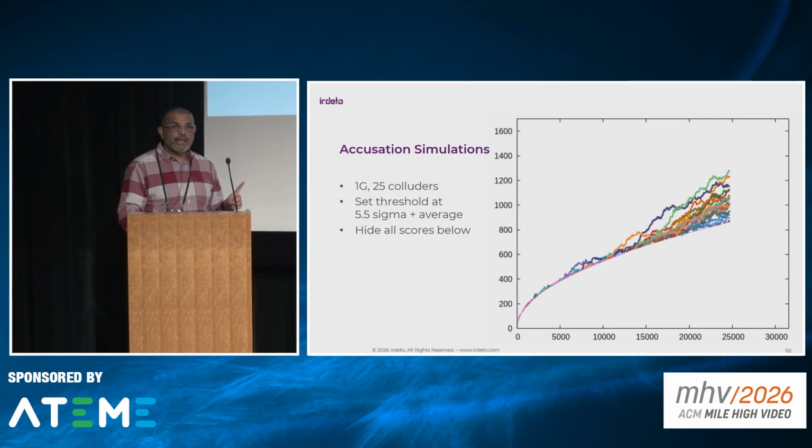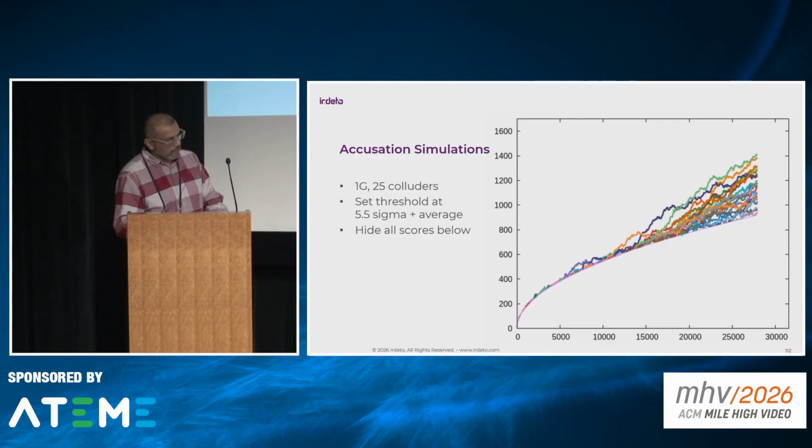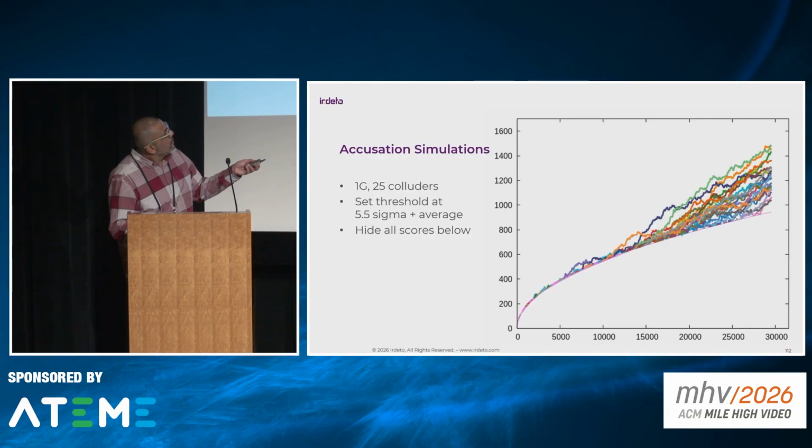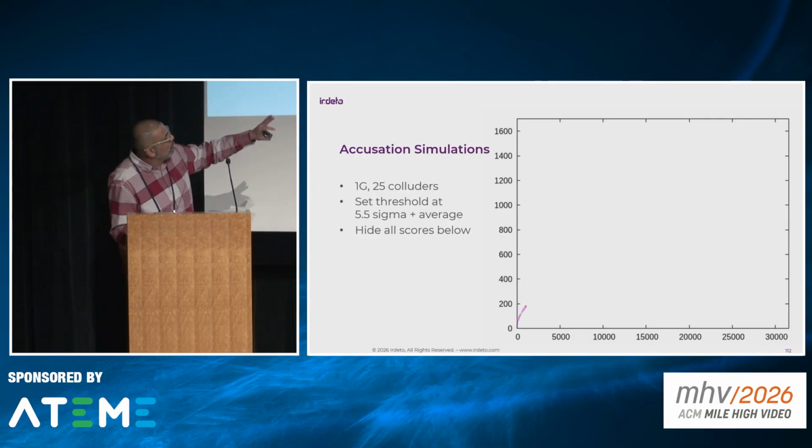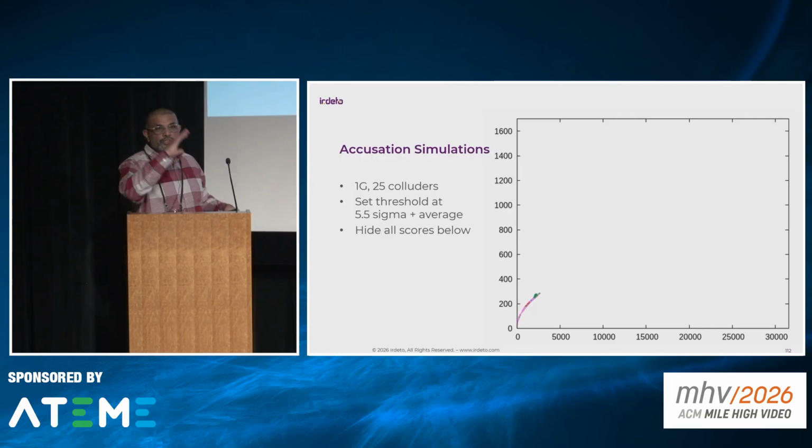Only for one case, we had to do some manual analysis on one of the partitions. As you see, this animation keeps going, and the 25 scores go above this threshold.